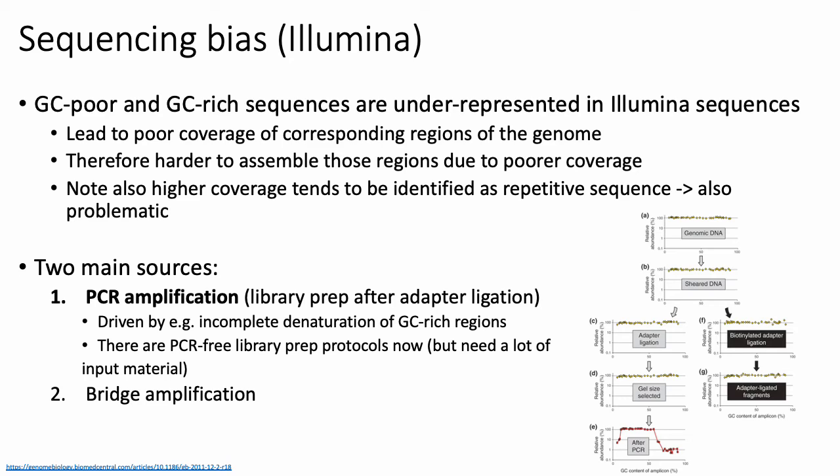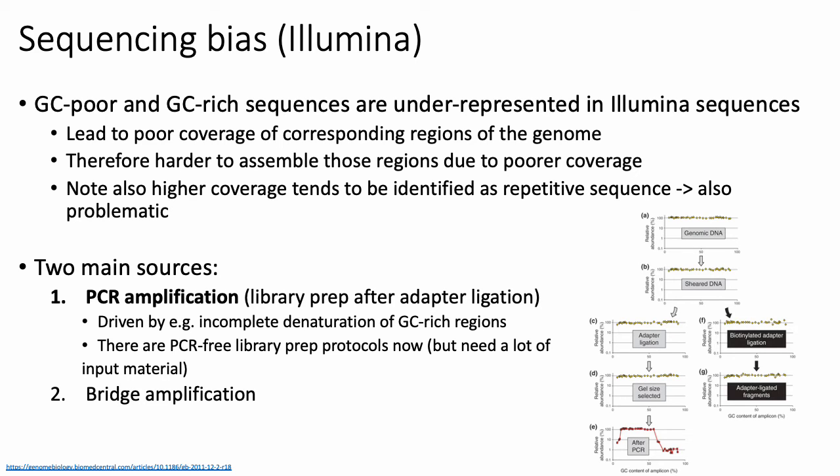And so there are two main sources of sequencing bias in Illumina that people have looked at. The main source of sequencing bias is PCR amplification. More specifically, it's PCR amplification that's done in the library prep after you ligate the adapters to the ends of your genomic fragments.